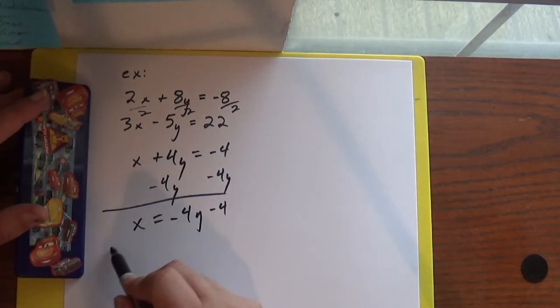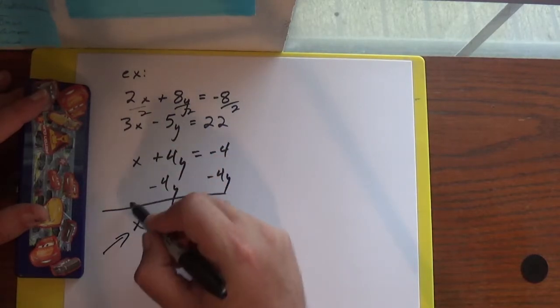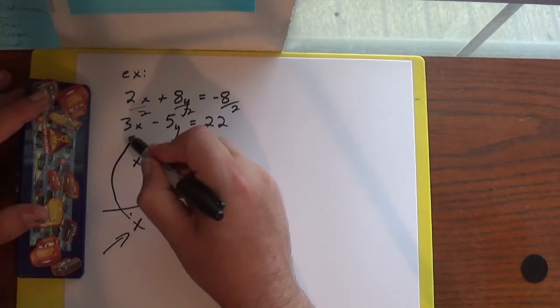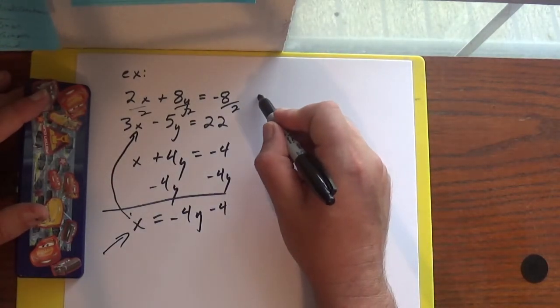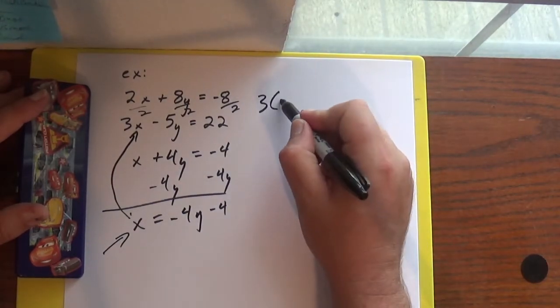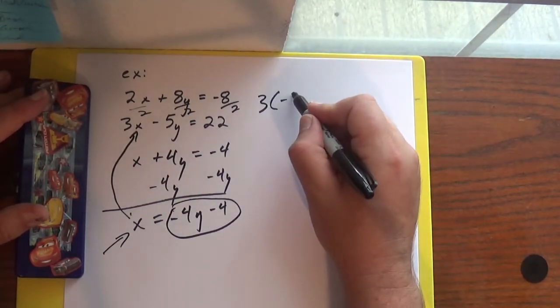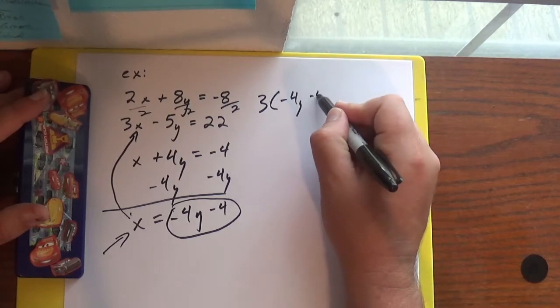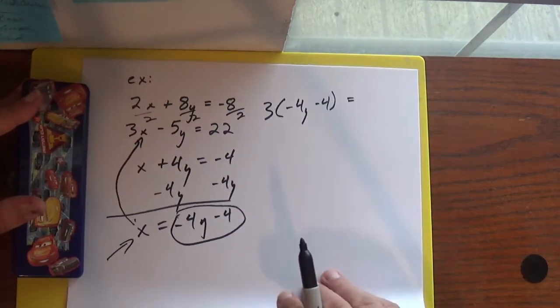Now I have a variable by itself. And I'm going to put that right here. So I'm going to get 3. Remember, I'm putting all this stuff in there. Negative 4y minus 4. Whoops. Oh, that's ugly.